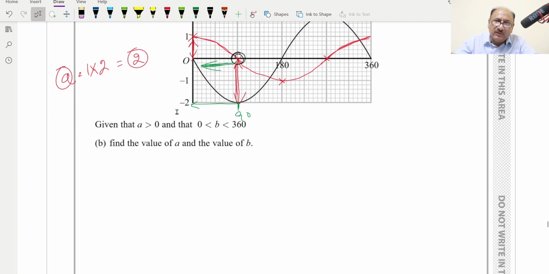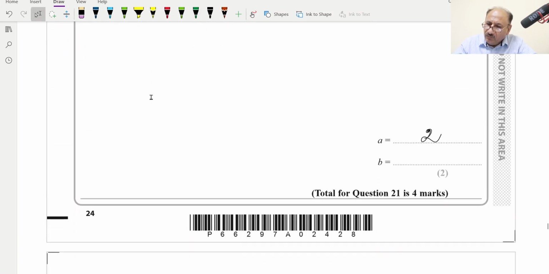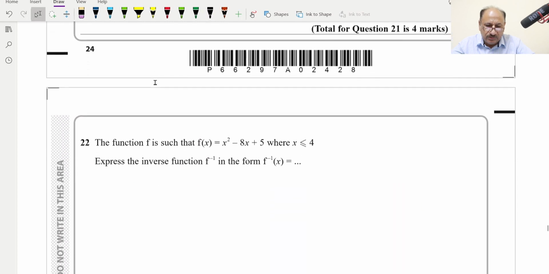We can even check from any other point, like this point also, it is moving 90 degrees to the left. So the b value will be 90 degrees, and we can provide 90 degrees over here. Hopefully you understood this question as well.